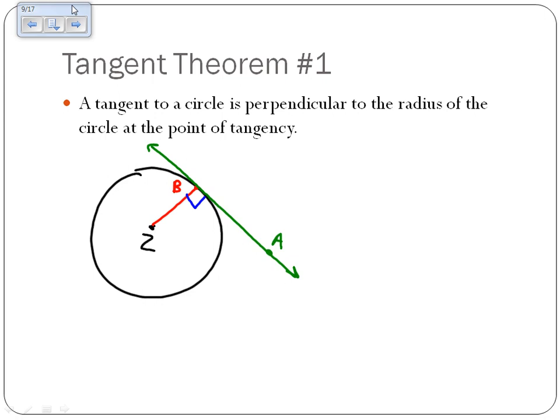So here, this is the angle between the radius and the tangent. If you want to label it, this is your tangent. This is your radius. What is point B called?